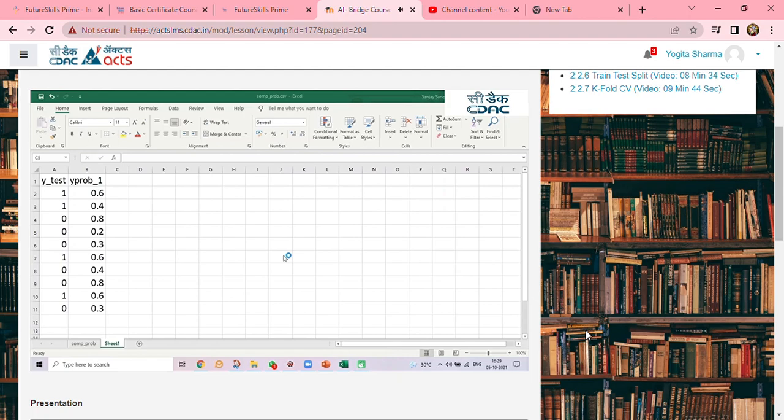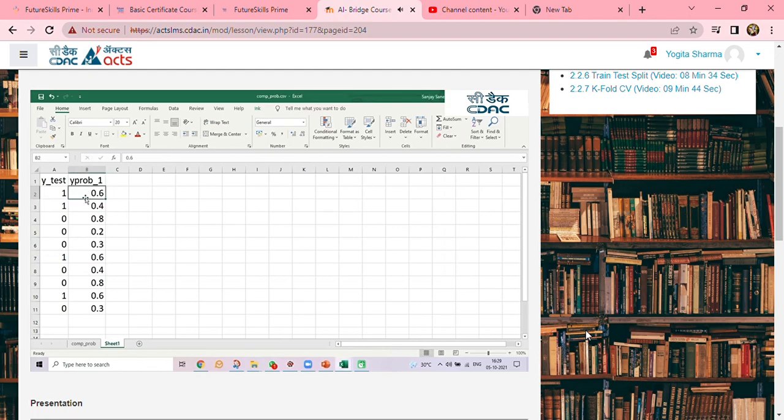Now, consider that you have the predicted probabilities here. All of our classification algorithms, as the predicted outcomes, give us probabilities by default. They don't give us the direct values of ones and zeros. So here we consider one model which has a probability of occurrence of 1.